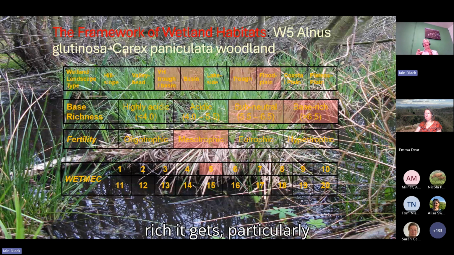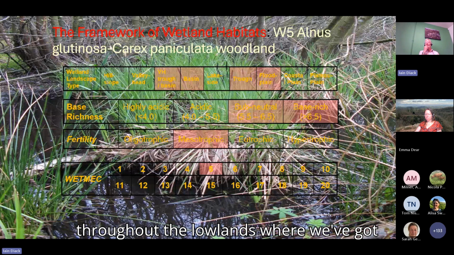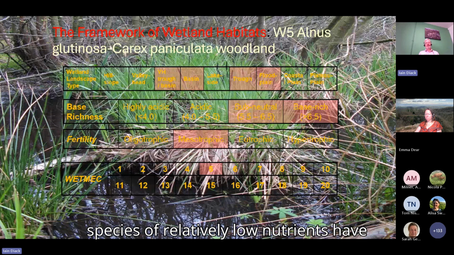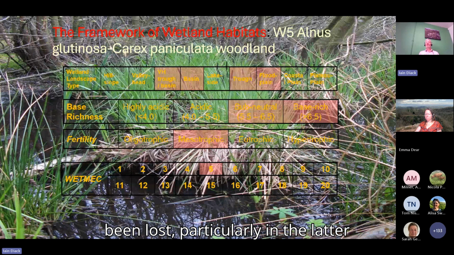The more nutrient rich it gets, particularly from cultural sources, it's going to go towards W6, which is the alder nettle community. And we've got lots of examples of that throughout the lowlands, where we've got historic records that show this type of woodland, quite species rich, but species of relatively low nutrients have been lost, particularly in the latter half of the 20th century.